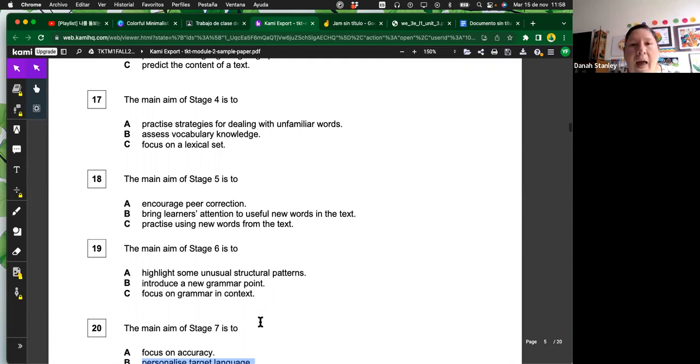Y 20, A apple. A, C, C, A, B, C, A. All right.